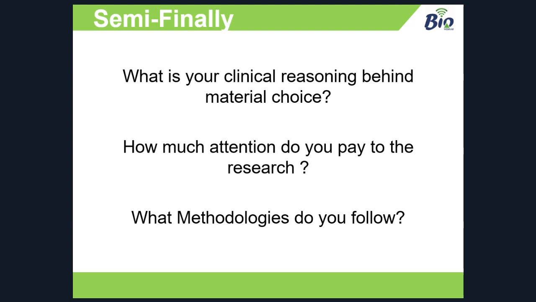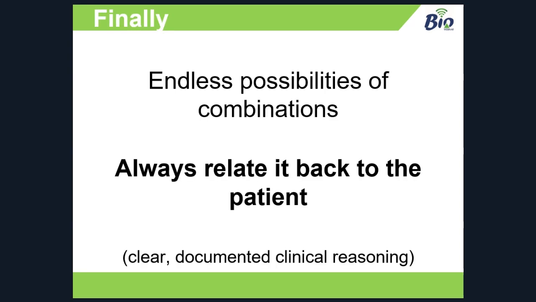Someone may like Root, or Rootian concepts, and others may prefer the tissue stress theory completely. I'm a bit more balanced; I consider them all and see what's right for the patient at the time. Okay, endless possibilities, always relate it back to the patient. And remember, we are responsible for clear, documented clinical reasoning. Okay, even more so than ever before.